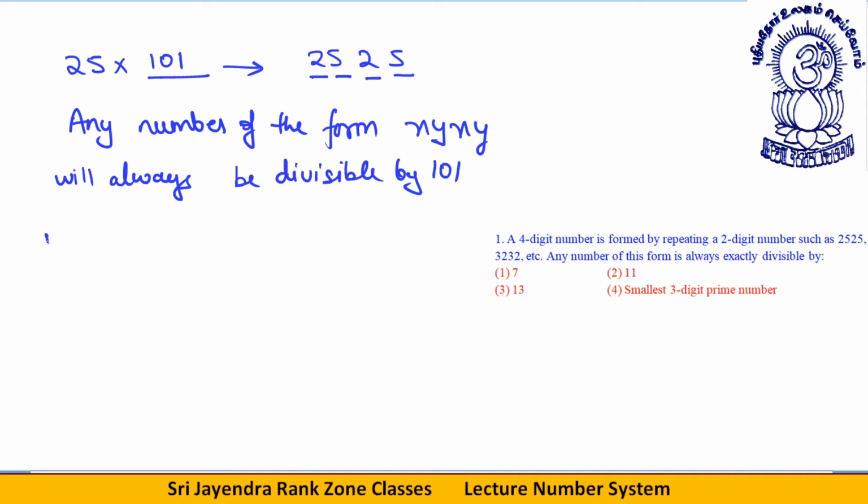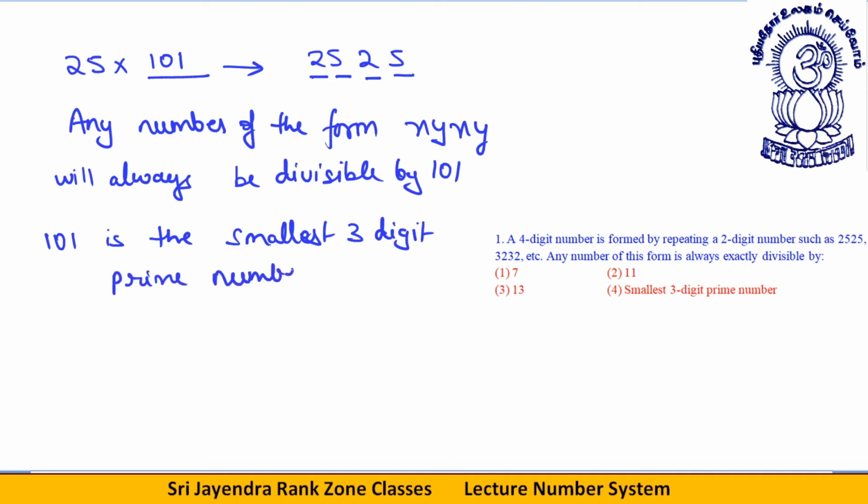And what is 101? 101 is the smallest three-digit prime number. Okay, dear students, 101 is the smallest three-digit prime number. So we have option 4 as our answer.